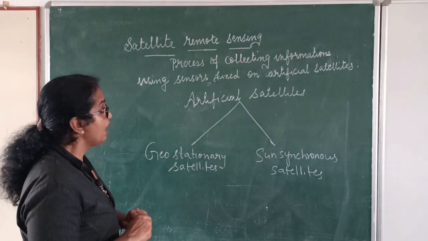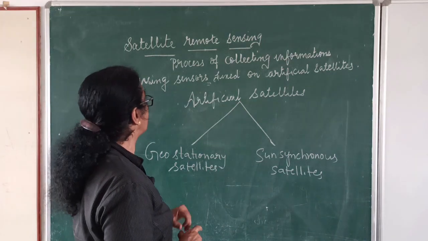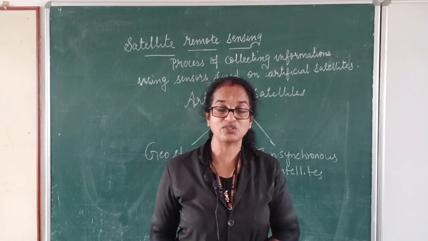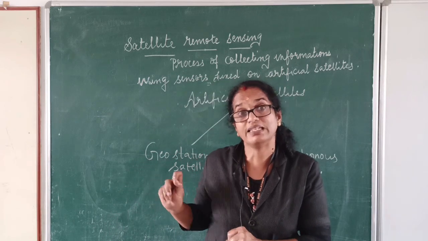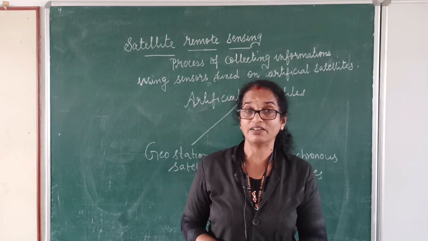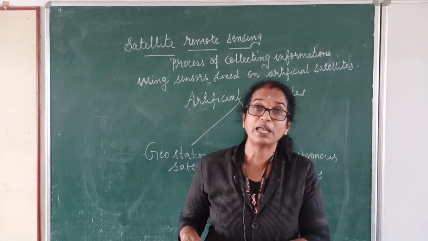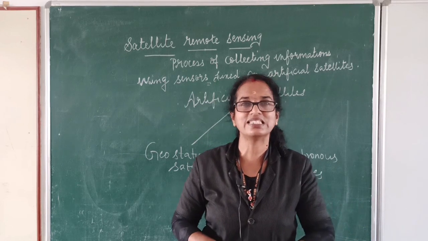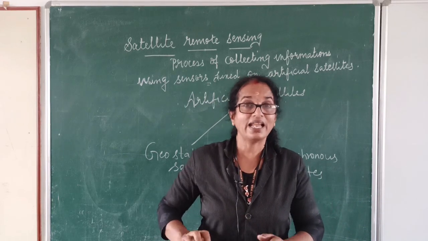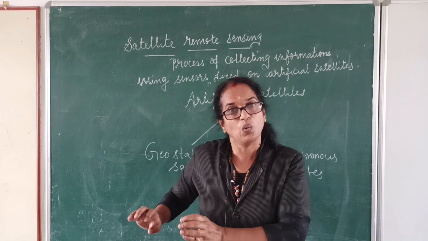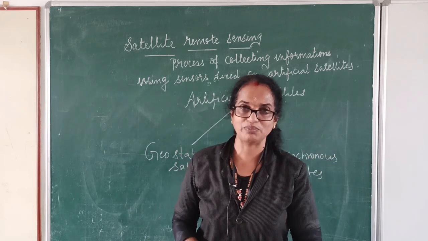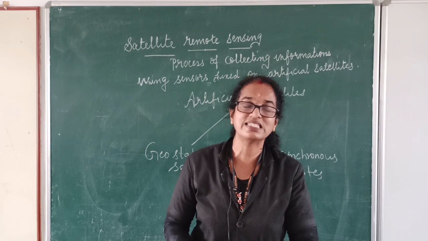Satellite remote sensing is the process of collecting information using sensors fixed on artificial satellites. Why did satellite remote sensing come into existence? Because aerial remote sensing had plenty of demerits, and all these demerits were reduced with the advent of satellite remote sensing.